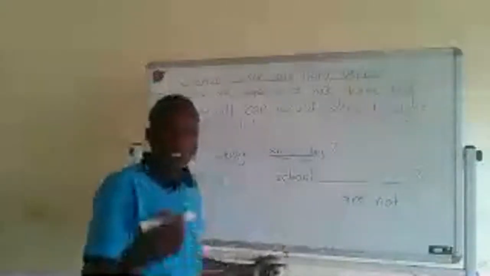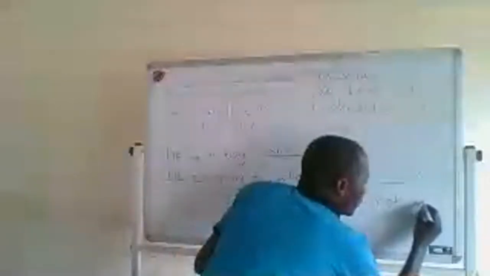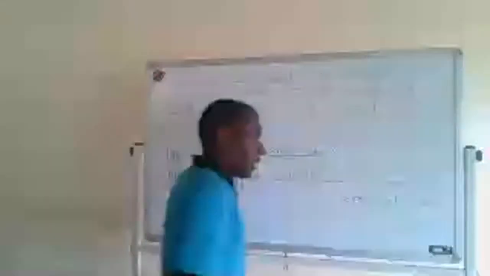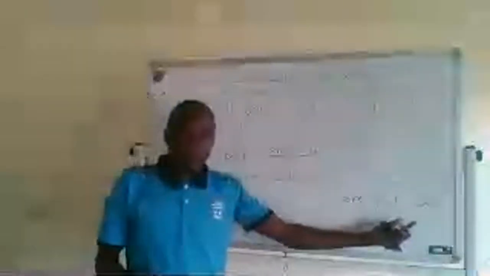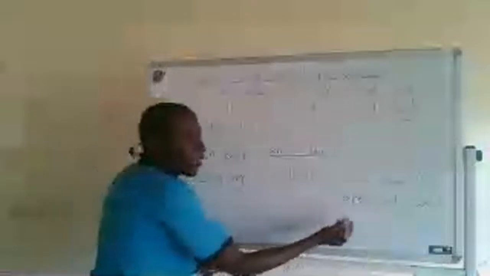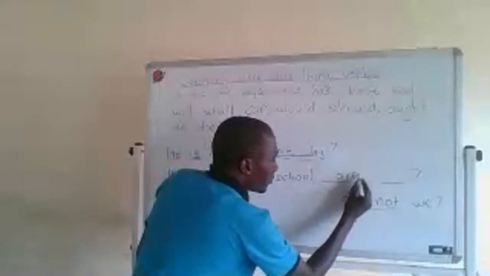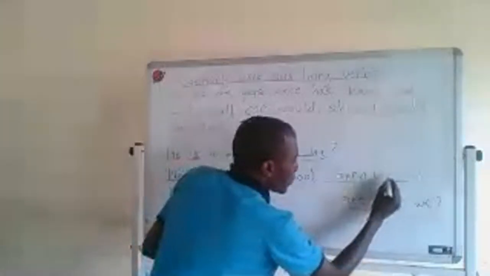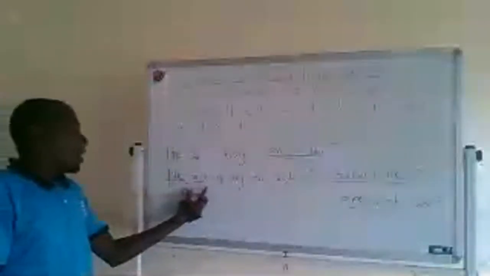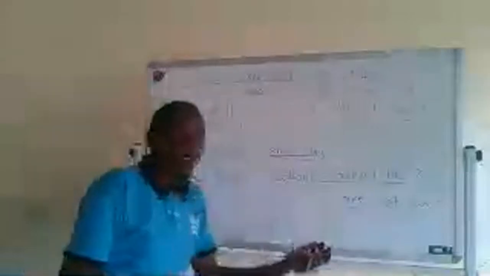Then we use the subject pronoun which has been used, which is "we." Lastly, we put our question mark. Then we want to make this a short form, and the short form of "are not" is "aren't." So when we say we are going to school, the question tag that comes is "aren't we?"